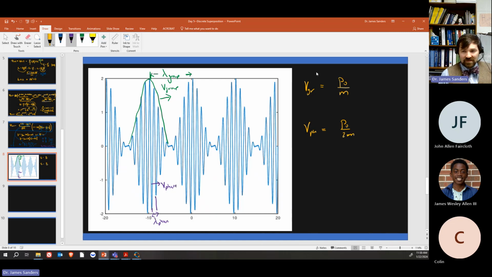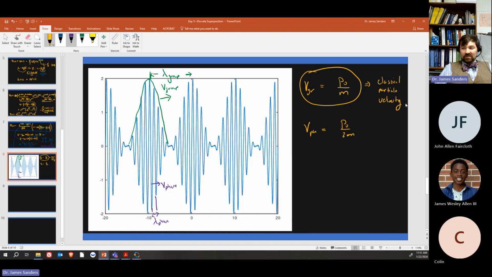But this right here corresponds to classical particle velocity. So my group velocity corresponds to my classical particle velocity.